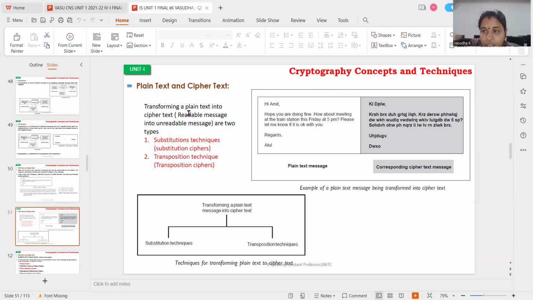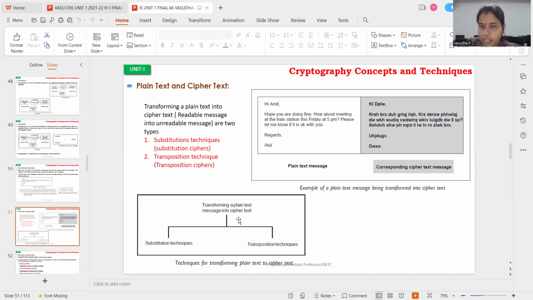So to convert from plain text to ciphertext and ciphertext to plain text, we have two techniques: substitution techniques and transposition techniques.